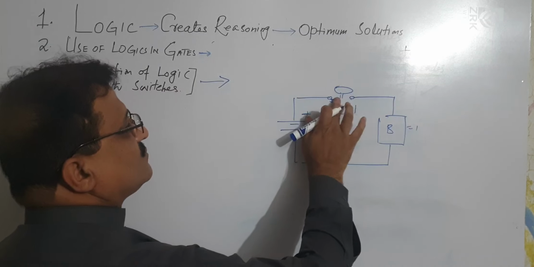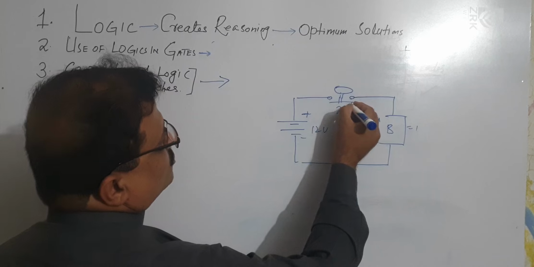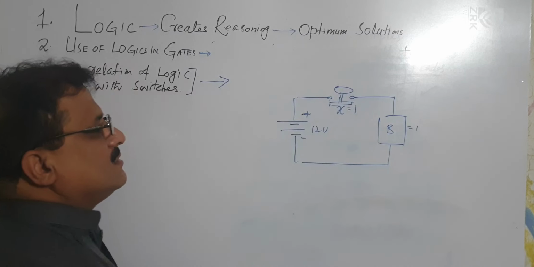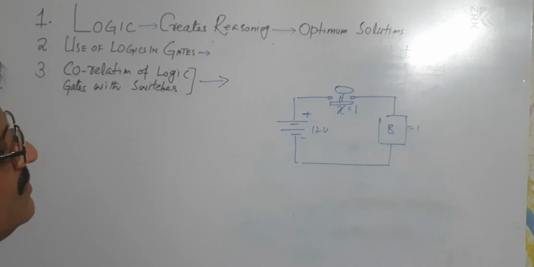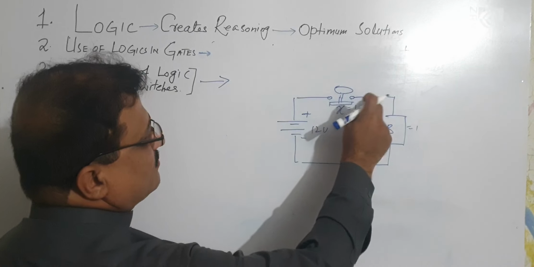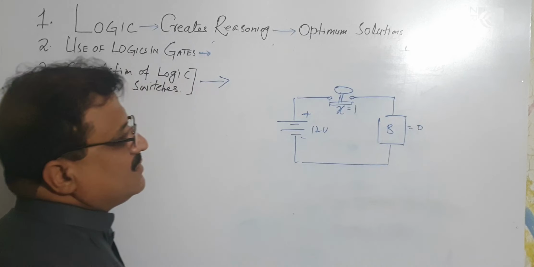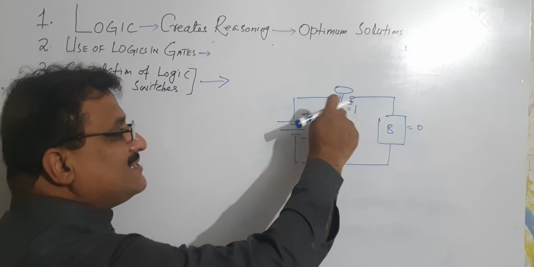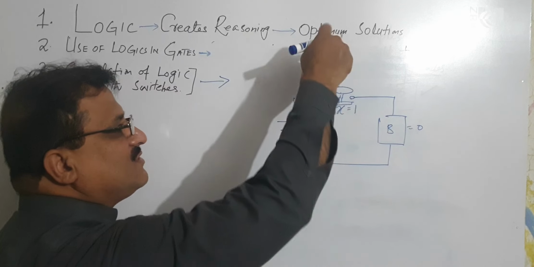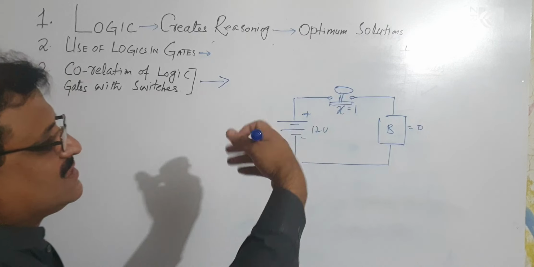When the external force is exerted, a spring in the push button opens this circuit. When this circuit gets open, the supply will not get the path to turn on the bulb. Now the bulb is 0. So this X represents the presence or the absence of the external force on this switch.